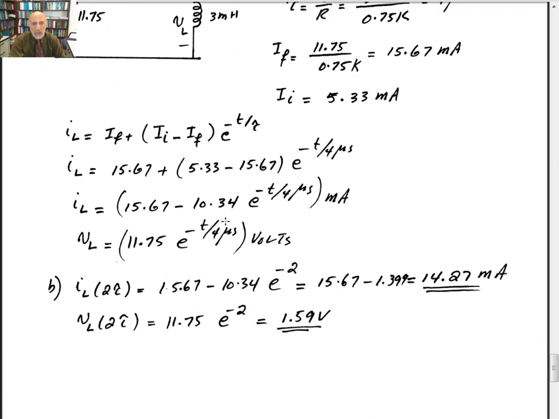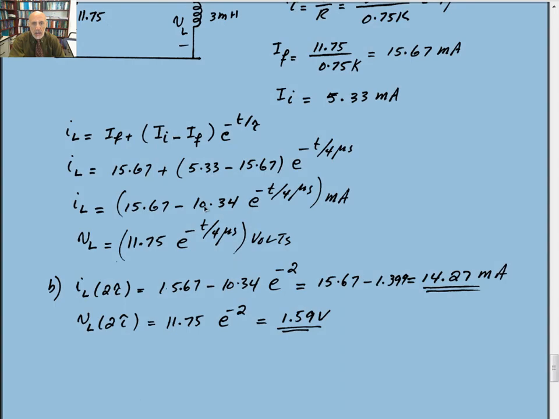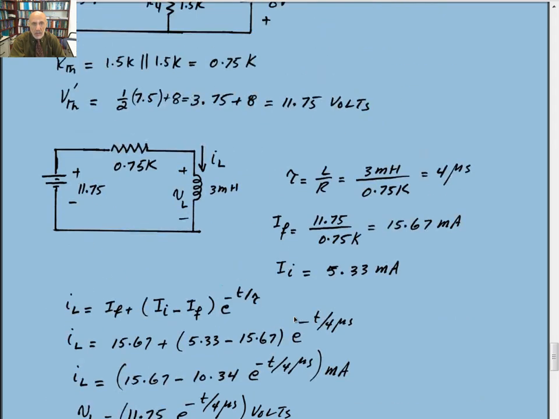For the current at 2 time constants, it would be 15.67 minus 10.34 e to the minus 2. That's 2 time constants, which is 8 microseconds. That gives you 14.27 milliamps. And for the voltage, it would be 11.75 e to the minus 2, which is 1.59 volts.